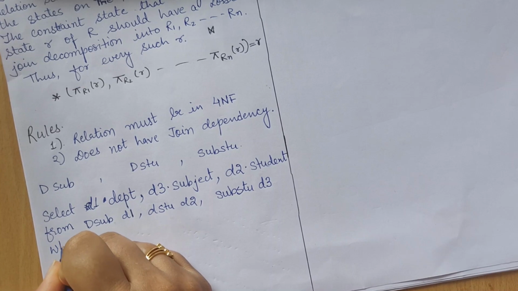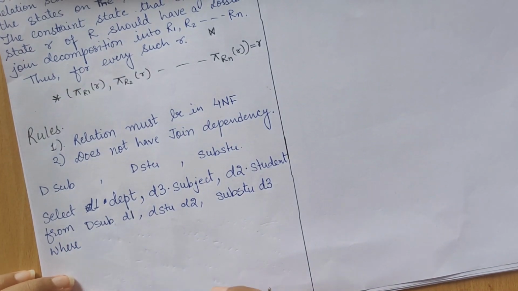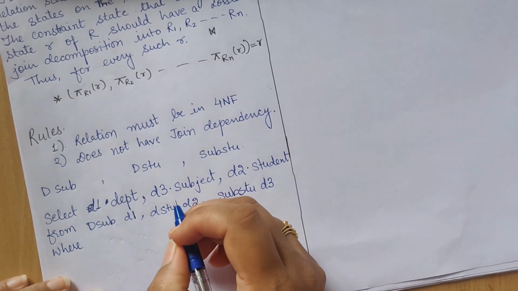Where now we have to give the common column, so the redundant tuples will be removed.